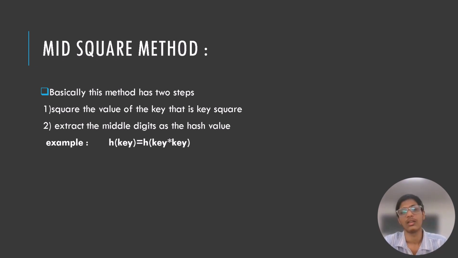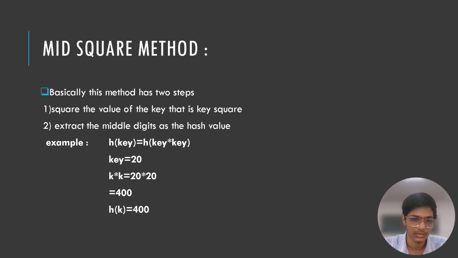Key equals 20. I represent the key as k, and k multiplied by k is 20 squared, that is 400. So h(k) equals 400, and finally h(20) equals 400.